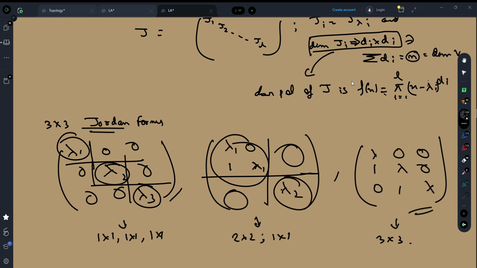Is it clear? The characteristic polynomial of this is typically (x minus lambda 1)(x minus lambda 2)(x minus lambda 3). Observe, it's quite obvious from here that the minimal polynomial splits into linear factors. Question is, what can we say about the minimal polynomial of this Jordan form and this Jordan form? We'll try to discuss those concepts in the next few lectures.